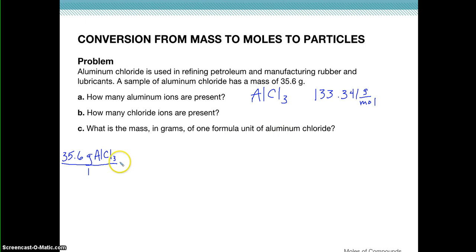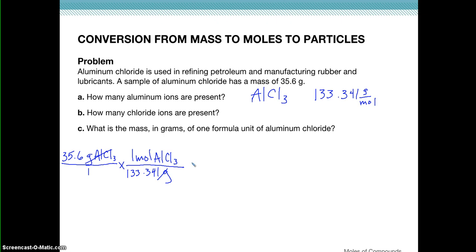So that's where our molar mass comes into play. We know that 1 mole of aluminum chloride has a mass of 133.341 grams.